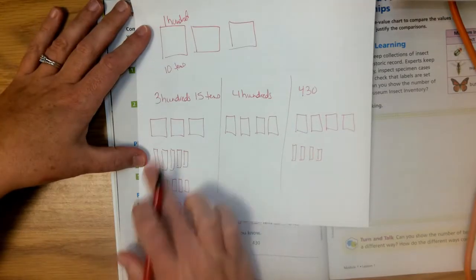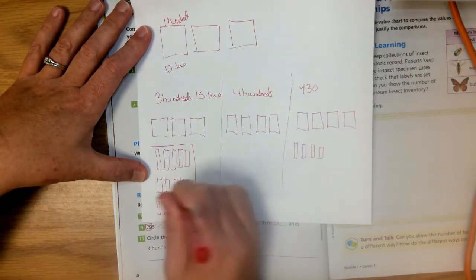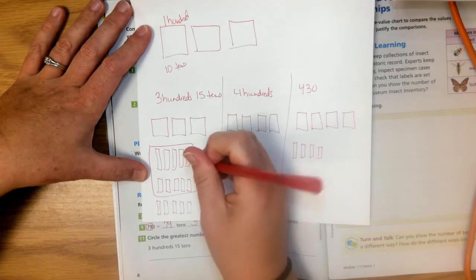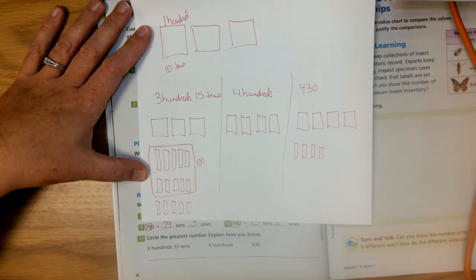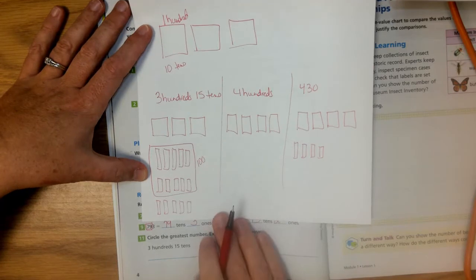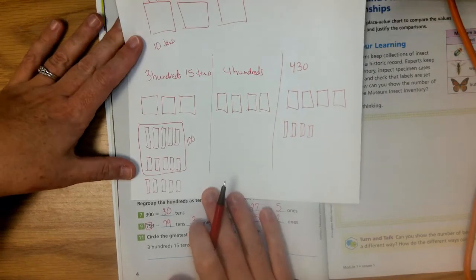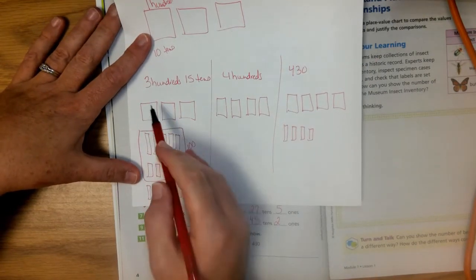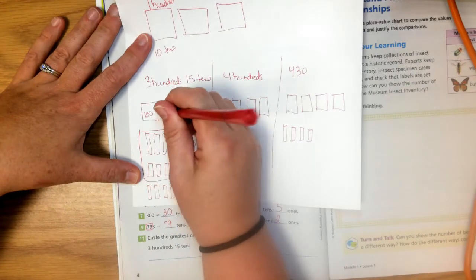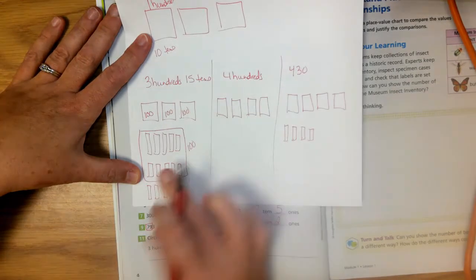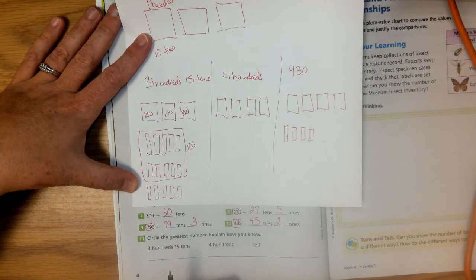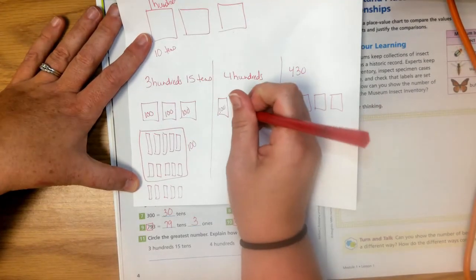So if I have 15 tens down here, I know that I could take 10 of them, and this is going to equal 100. So now, looking at this, what do we think? We have 100 here, 100 here, and 100 here, and these 10 tens equal 100. Each of these is 100.